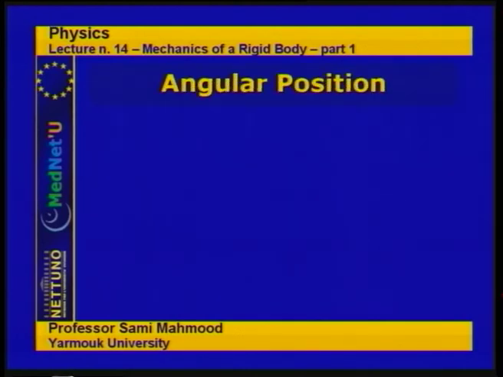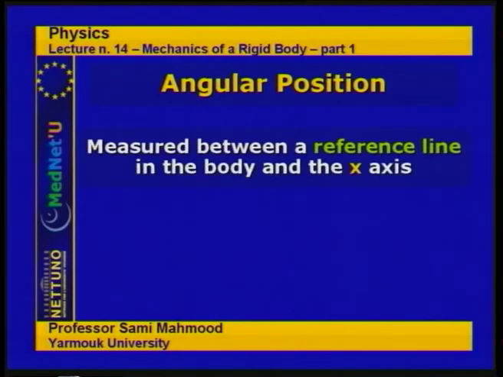And now we are ready to describe the motion of the body. As usual, we measure the angle between the reference line that's attached in the body, and the x-axis, which is the axis from which we measure the angle.